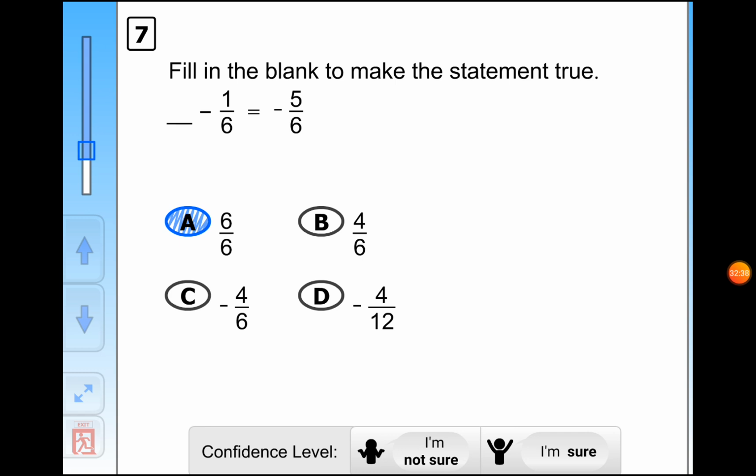So then 6 minus 1 is 5. Oh no. No, that'll be -4 over 6, because -4 minus 1 is -5, and then the 6 stays the same. So that'll be -5 over 6.